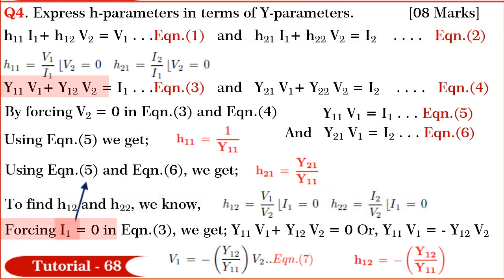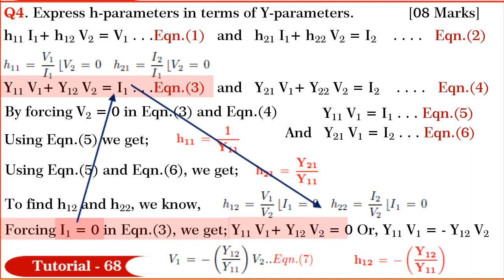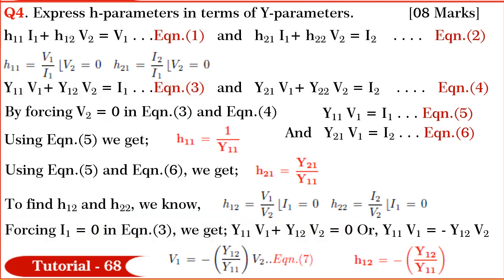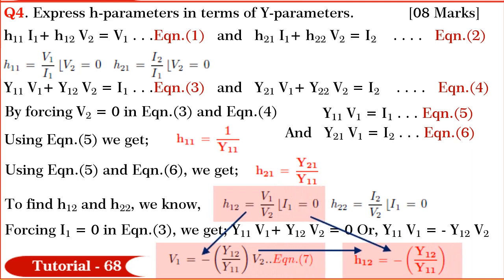So, forcing I1 equal to 0 in equation 3, we get Y11 V1 plus Y12 V2 is equal to 0, or Y11 V1 is equal to minus Y12 into V2, from which we get V1 is equal to minus Y12 divided by Y11 into V2, and H12 is equal to minus Y12 divided by Y11.